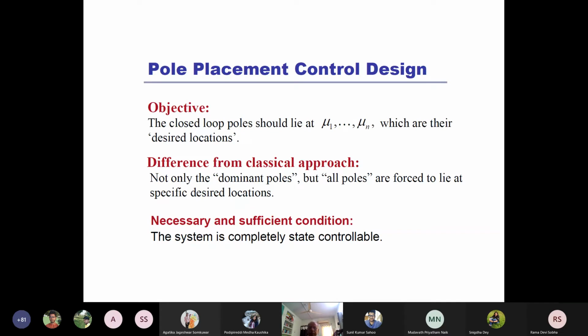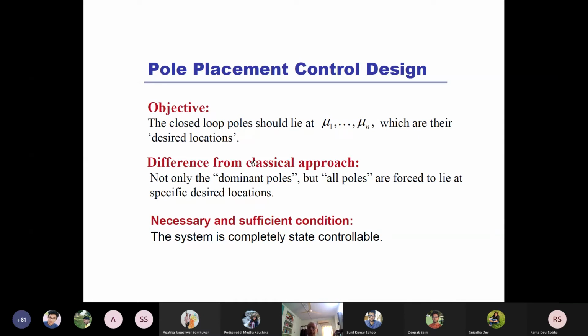So let's say I know that the closed loop poles should lie at mu1 to mu_n, where n is the order of the system, or the number of open loop poles in the system. So those n open loop poles should be placed at locations mu1 to mu_n for the closed loop system.